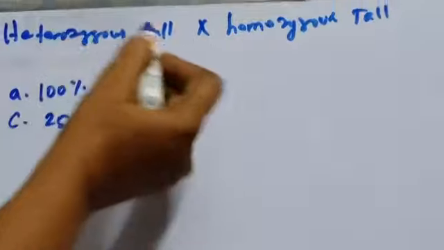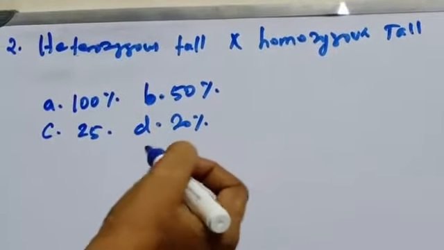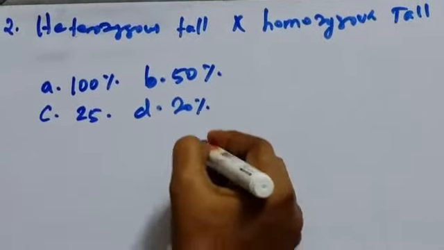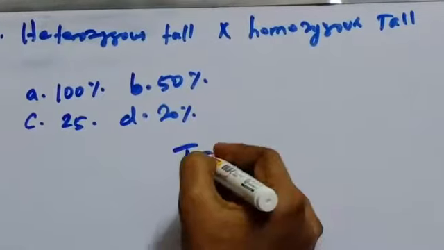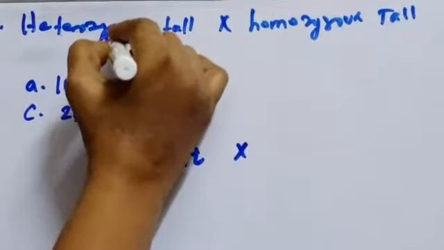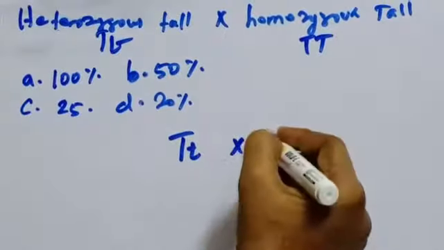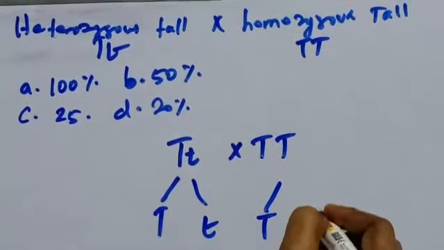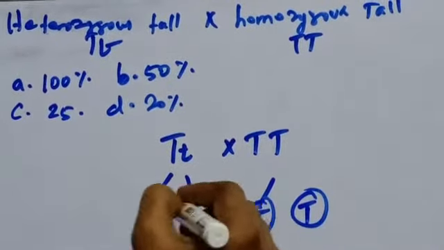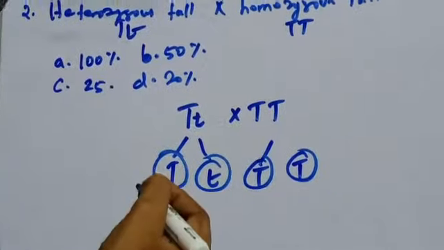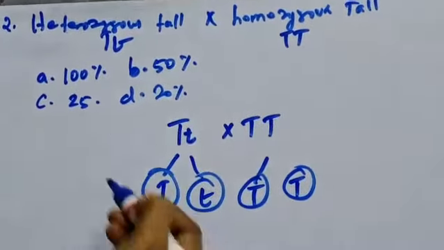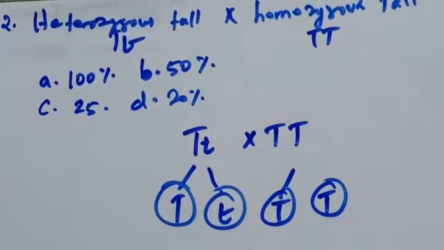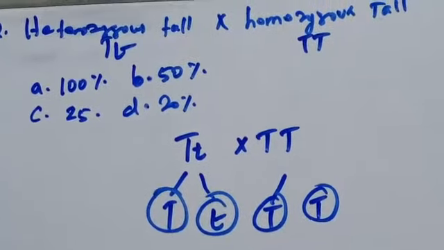Next question. When heterozygous tall is crossed with homozygous tall, what is the result in the progenies? Heterozygous tall is capital T small t, crossed with homozygous tall, capital T capital T. Then in the F1 generation, what is the percentage of heterozygous as well as homozygous tall?